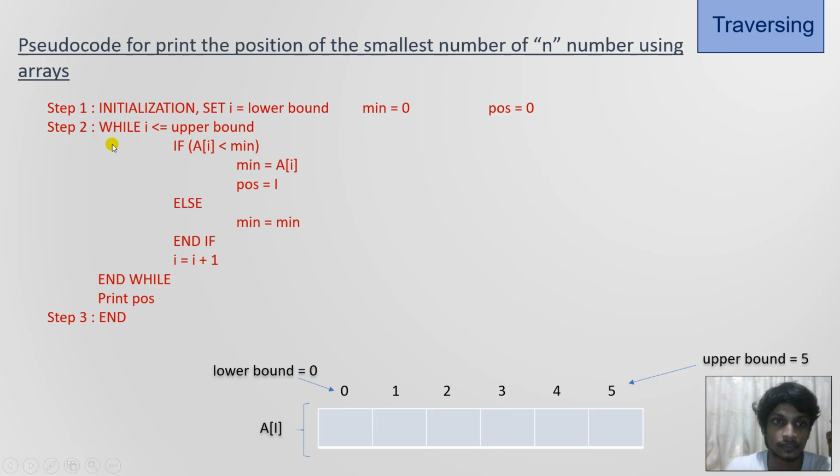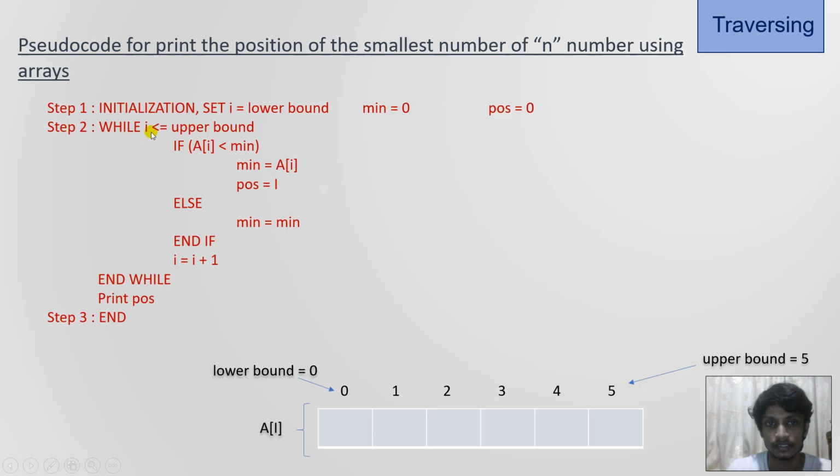Here I have used the while loop. This while loop should run each and every time until it reaches the upper bound. In each iteration, it should check where the minimum value exists. To do that, we can use an if statement.